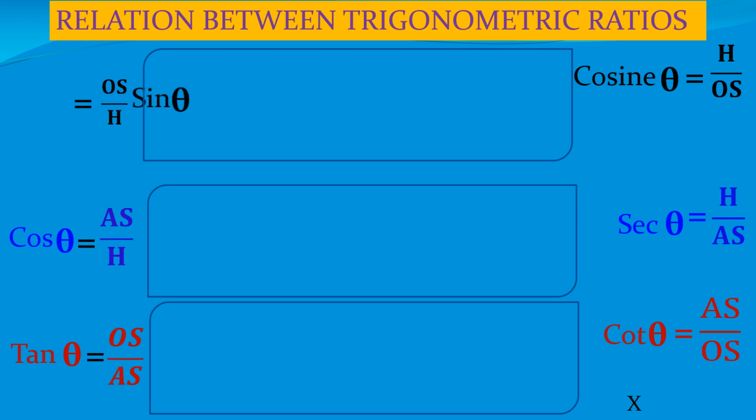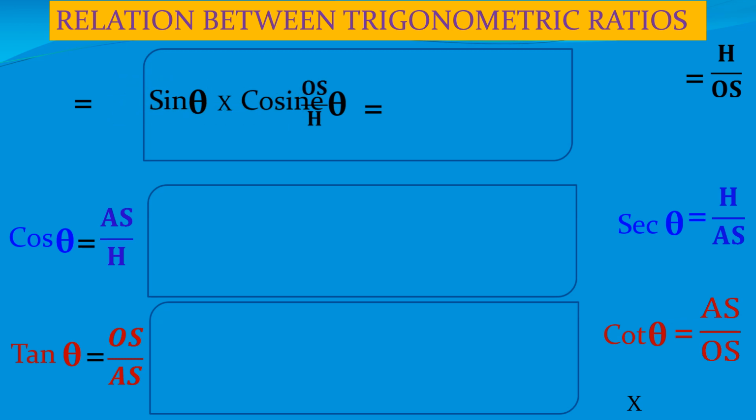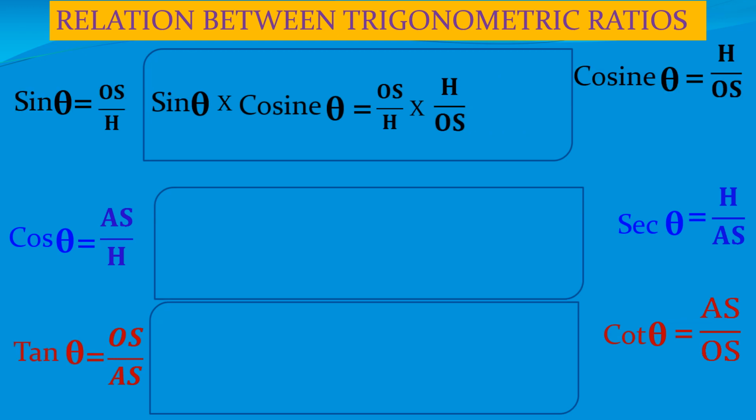So let us take sin theta into cosec theta. The product of this one is opposite side by hypotenuse into hypotenuse by opposite side. Now opposite side cancels, and hypotenuse cancels, it makes 1. So that means sin theta into cosec theta is equal to 1.